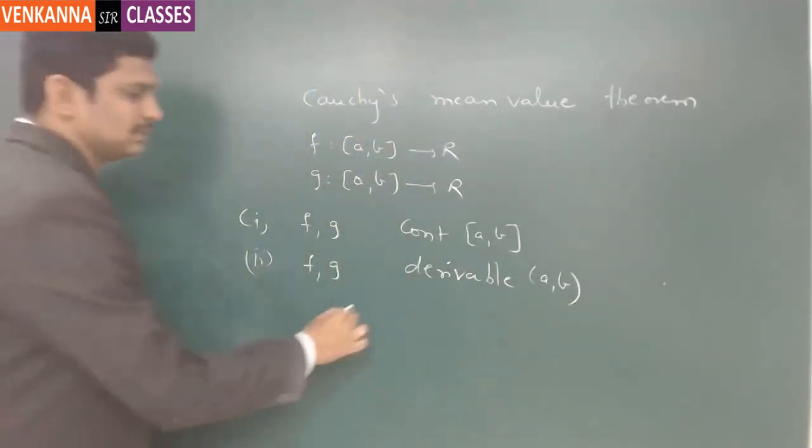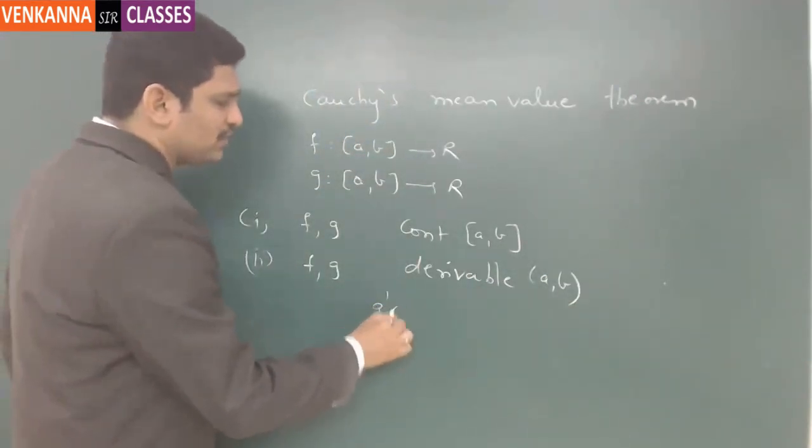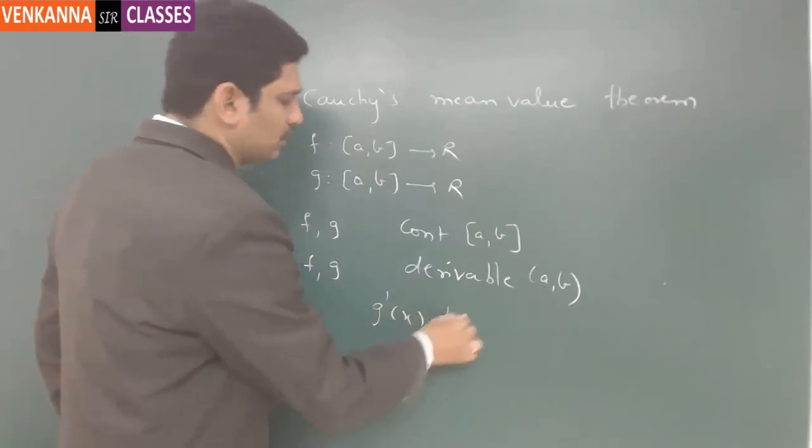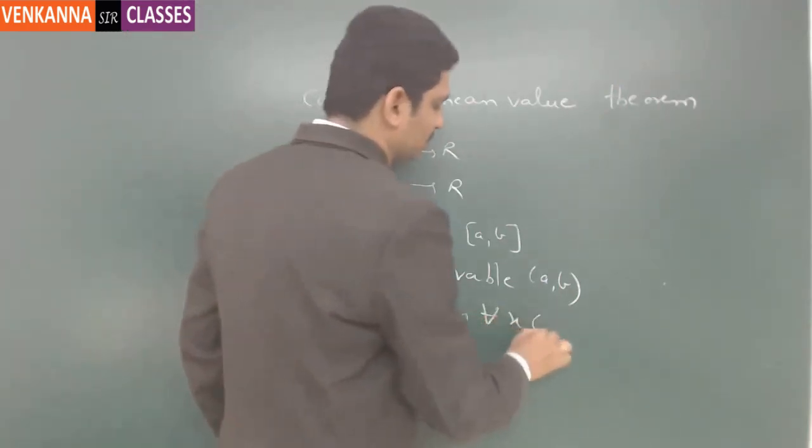Another part is the derivative of g is not equal to 0 for all x belonging to (a, b).